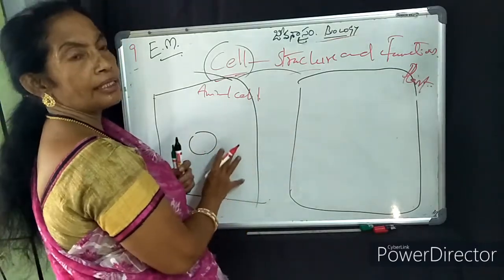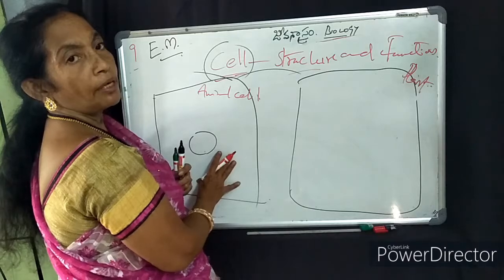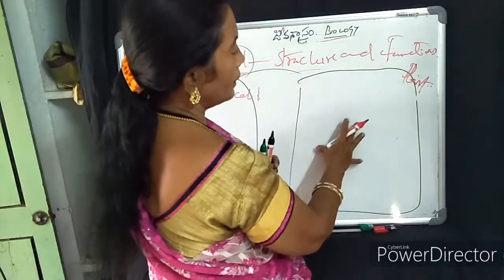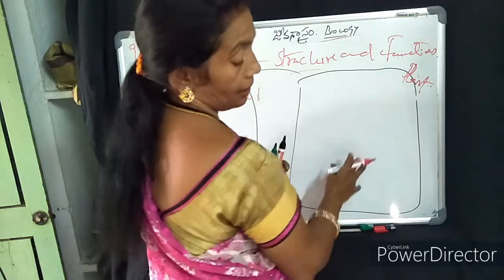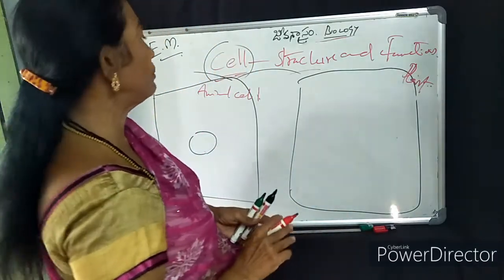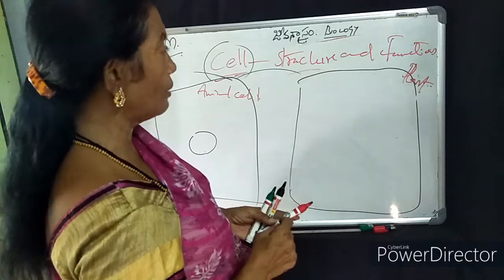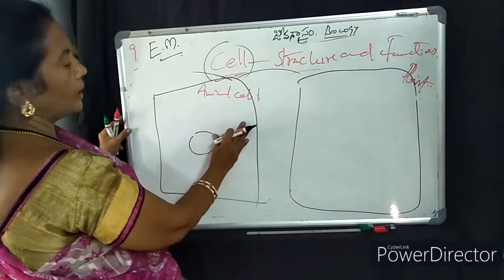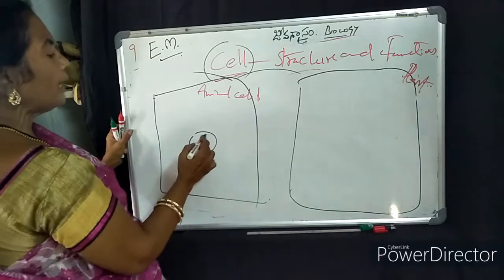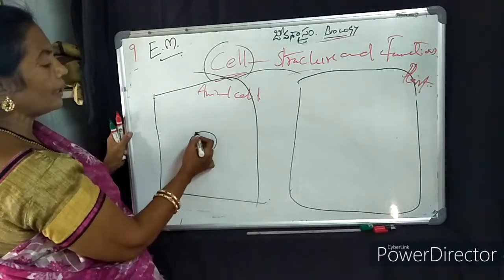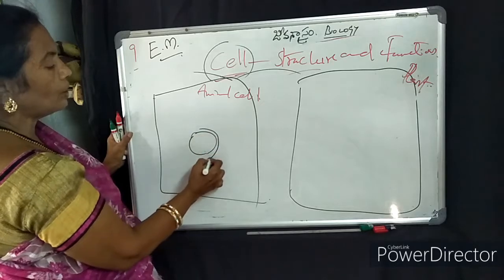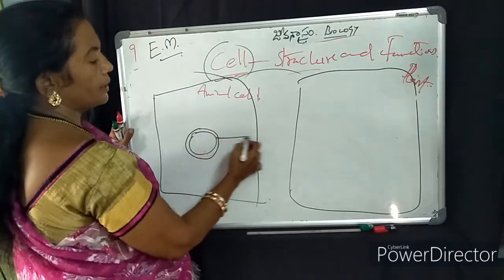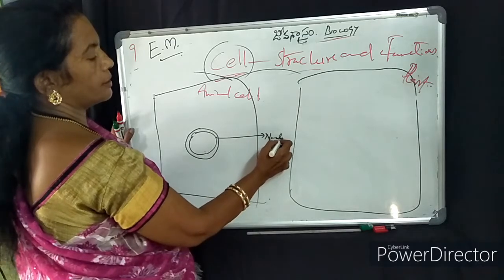So now we have to observe the differences. Why do we call this cell an animal cell, and why do we call this cell a plant cell? What is the difference between plant cell and animal cell? When we go to the animal cell, we observe in the middle, in the center of the cell, the nucleus having two layers. This is the nucleus.